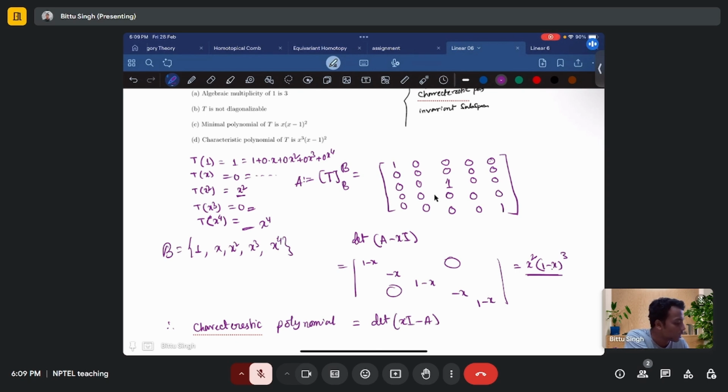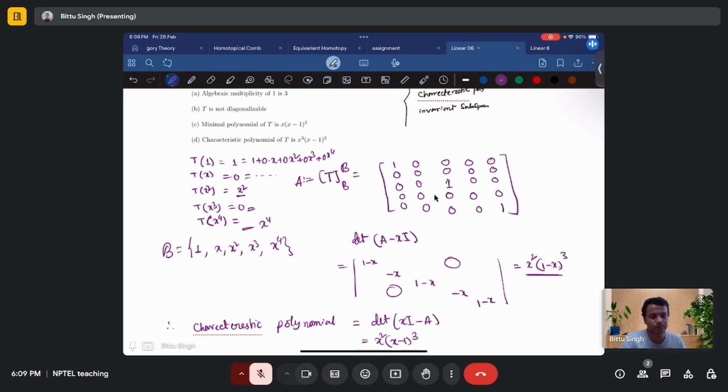Instead of 1 minus x whole cube, here the coefficient of the highest degree term is negative, so to make it positive, we just multiply with a negative sign. So it is x minus 1 whole cube times x squared. So this is the characteristic polynomial.